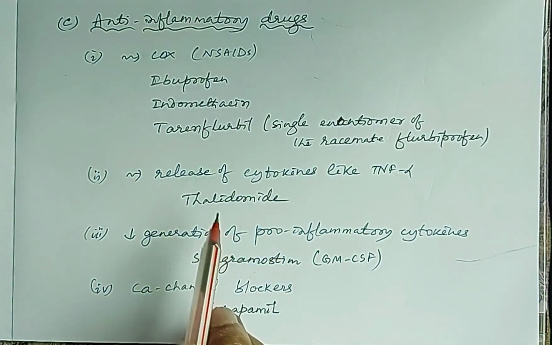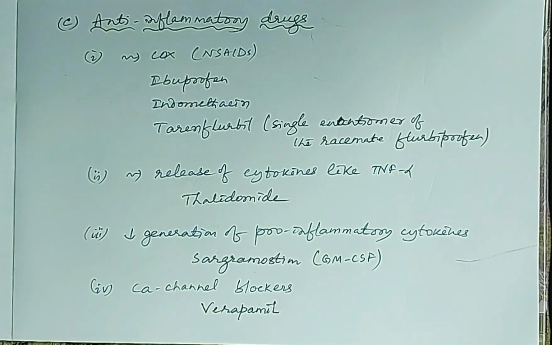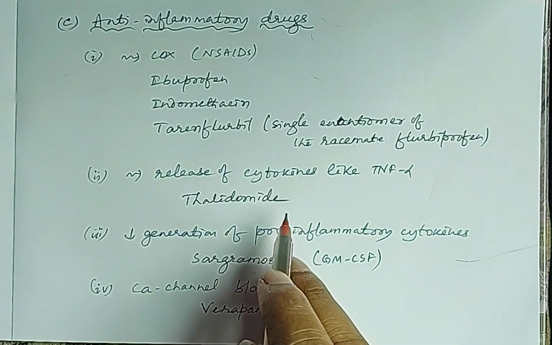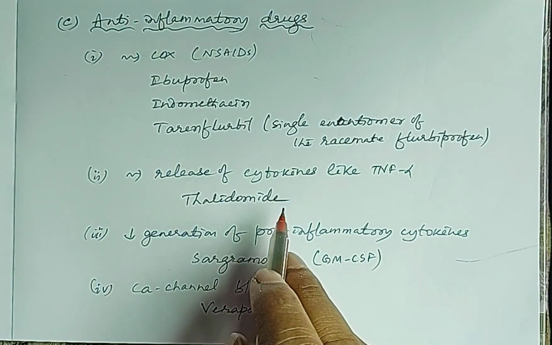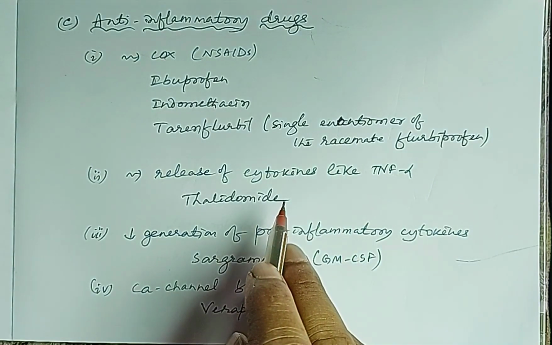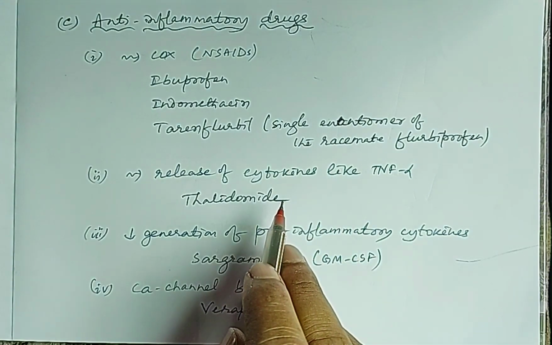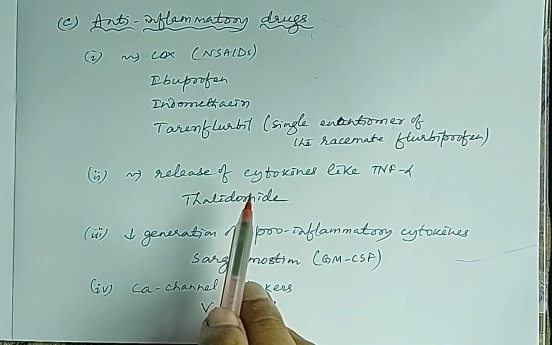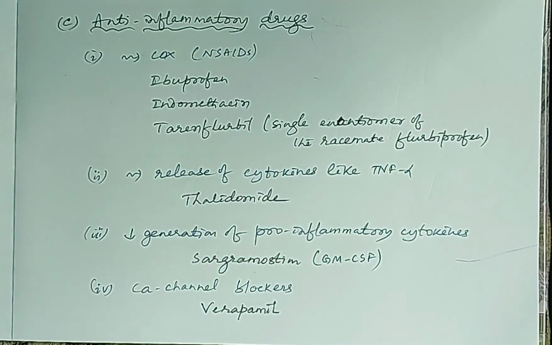Then drugs which can inhibit the release of inflammatory cytokines like tumor necrosis factor alpha: thalidomide, the drug which was withdrawn from the market because of phocomelia, is now under focus for Alzheimer's disease. Thalidomide can inhibit the release of cytokines.